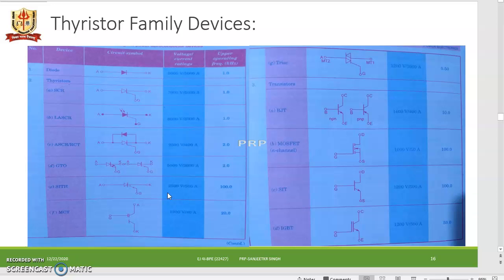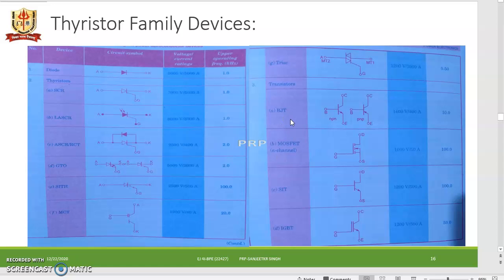Similarly, SITH can be 25,000 volt rated and 500 ampere of current with 100 kilohertz of operating frequency. MCT, similarly, can be 1200 volts, 40 ampere with 20 kilohertz of operating frequency. TRIAC with 1200 volt, 1000 ampere and 0.50 kilohertz of operating frequency. Then we have the transistor group.